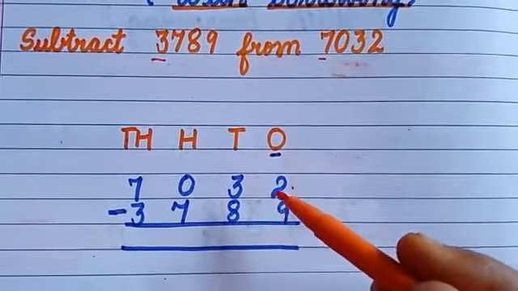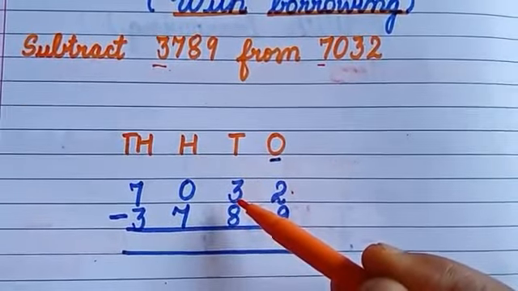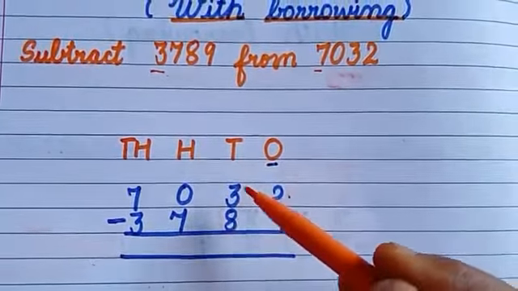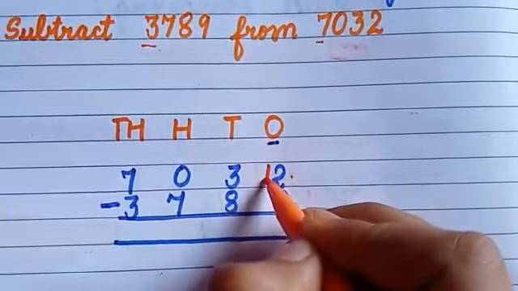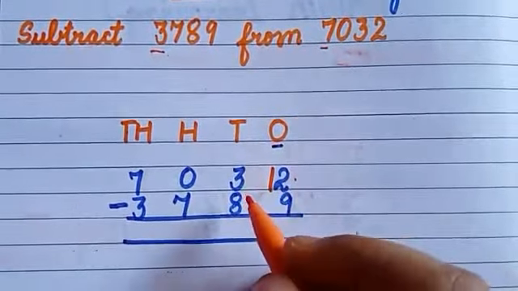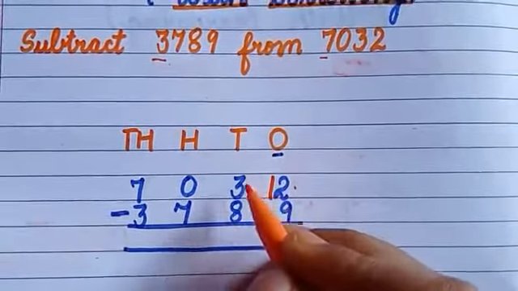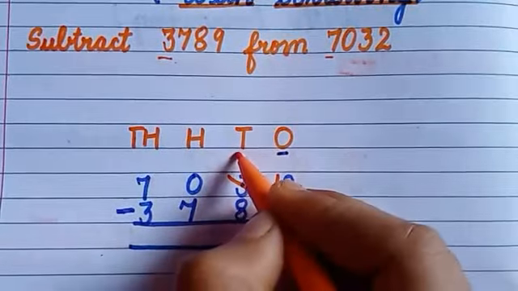You know that 2 needs to borrow 1 from 3. So, 2 will borrow 1 from 3 and become 12. And since 2 has taken 1 from 3, 3 will become 2.